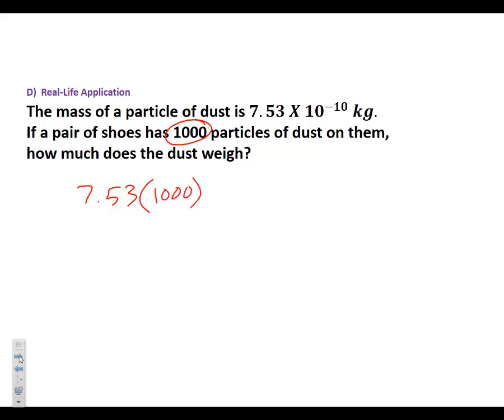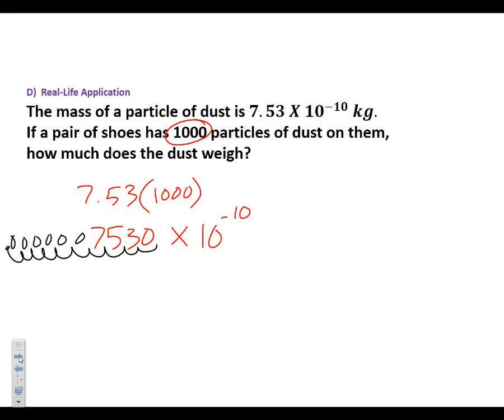So that's 7,530 times 10 to the negative 10th. Now I can write that in standard form by moving that decimal 10 places. 1, 2, 3, 4, 5, 6, 7, 8, 9, 10. So how much does it weigh? 0.000000753 kilograms. Well, that decimal is quite small. That's how much it weighs.